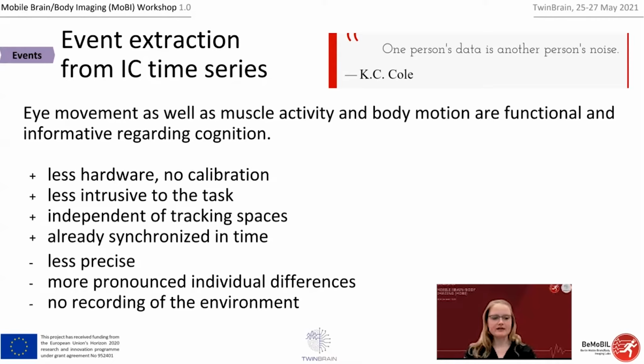Another disadvantage is that if you solely have the EEG recording, we do not know what happened in the environment. For the data set I'm always mentioning, I do not have any capture of what happened around my participants when they were walking outside in Berlin. So there were cars passing by, there were other traffic participants passing by.